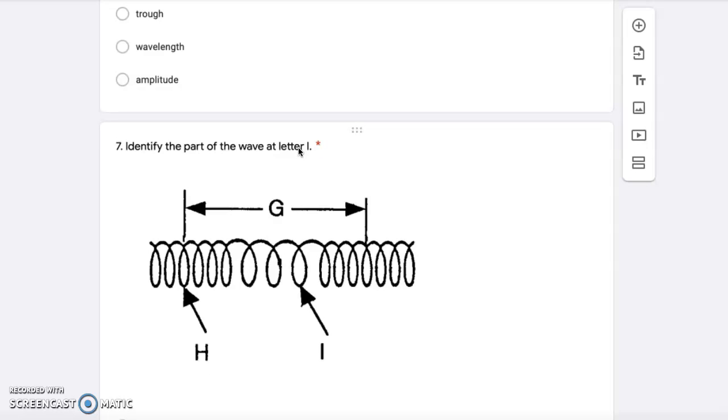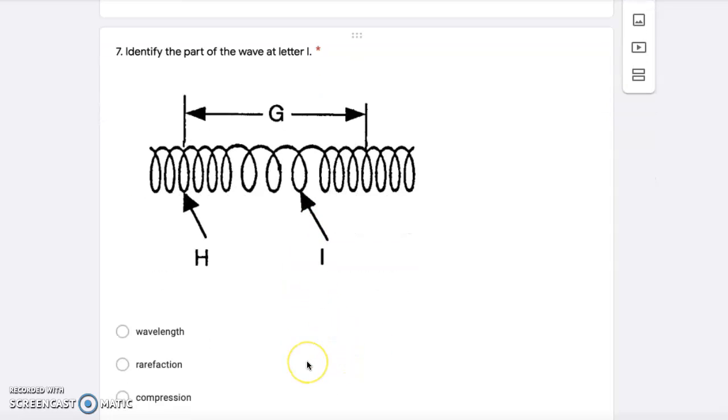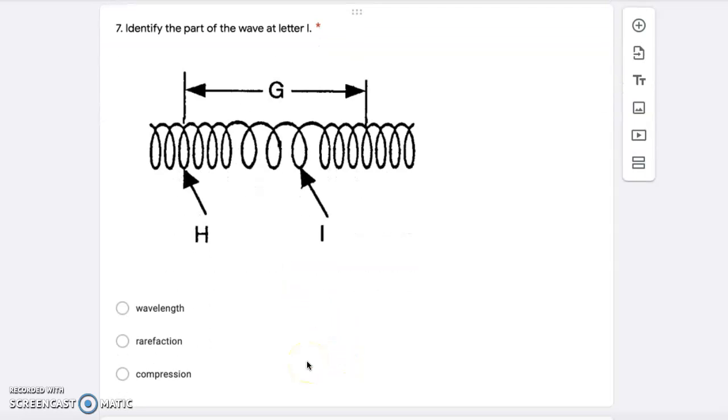Number 7. Identify the part of the wave at letter I, which is over here. Wavelength, rarefaction, or compression.